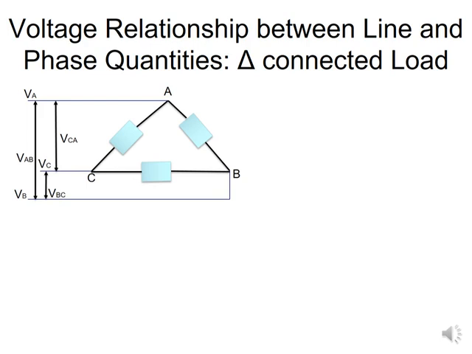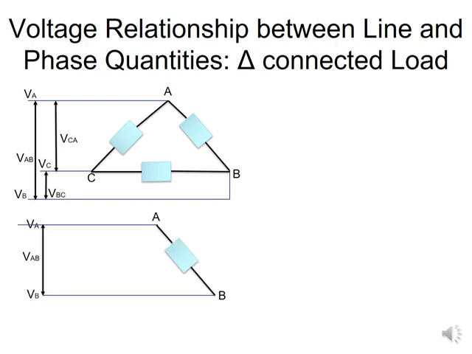And our phase quantities. So in the triangle that you see, it's actually your delta connection where you've got your A, B, and C phases. And then you can see your VA, your VB, and your VC. And also showing are your line-to-line voltages, VAB, VBC, and VCA.